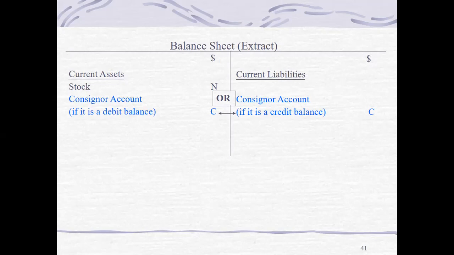So there is still remaining remittance to be made, which will be part of the liability consignor account on the balance sheet of the consignee, and a receivable consignor account, debit side, on the part of the consignor.